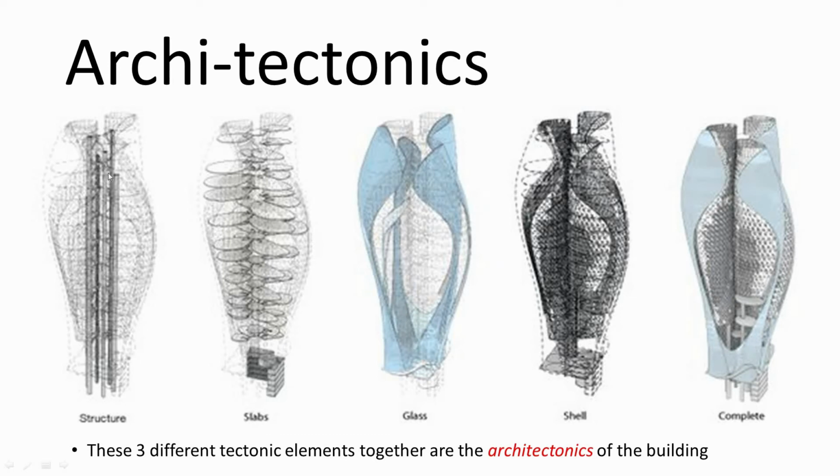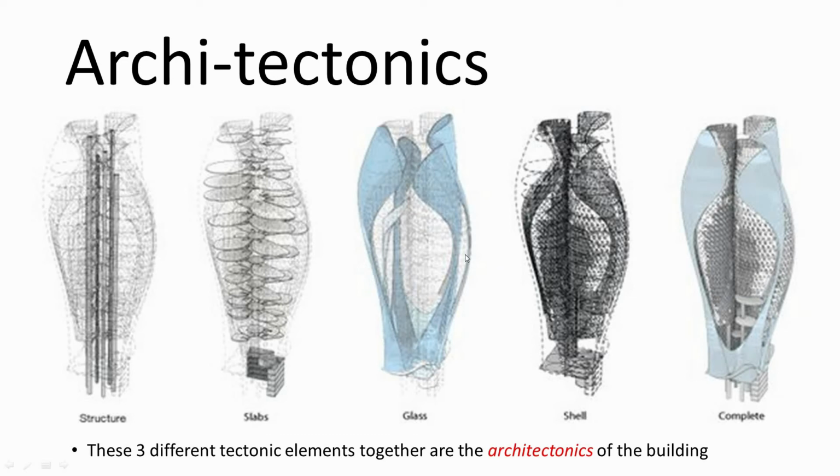with these slabs arranged vertically along the axis of this supporting structure, and then from that we have these glass elements which are beautifully organic and flowing and curving and all that kind of thing. And they define the overall shell, the overall enclosure, if you like.